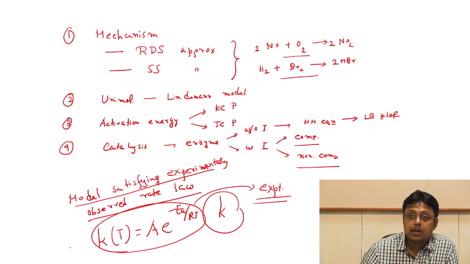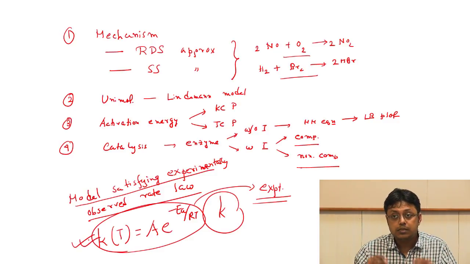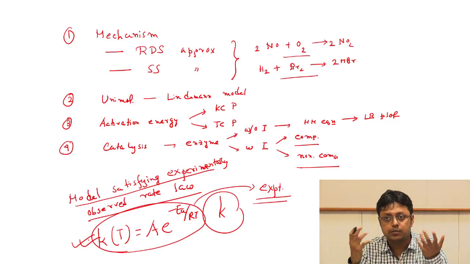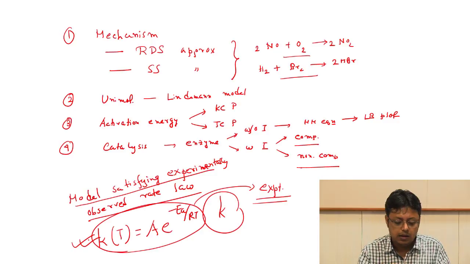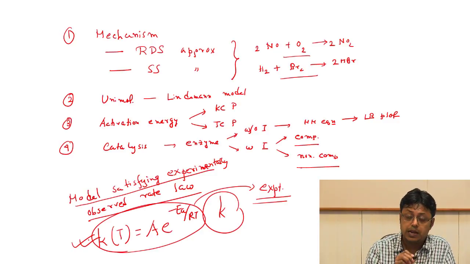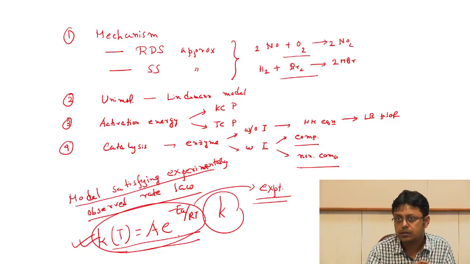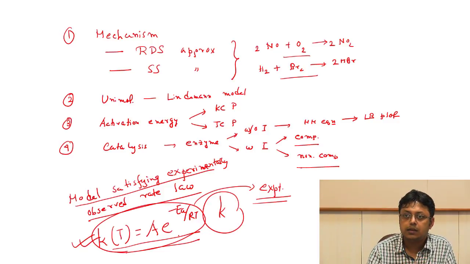Now the question is, can we develop a model based on collisions between molecules, or atoms and molecules, and then get an equation where we can get a form of the rate constant, something like the Arrhenius equation. And that is covered under reaction dynamics. That we will be discussing in the next lecture.